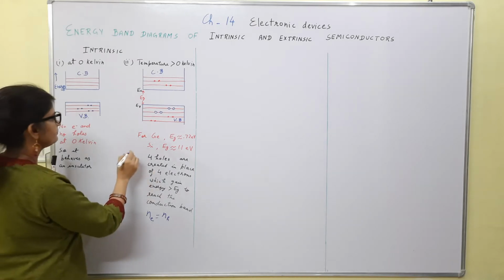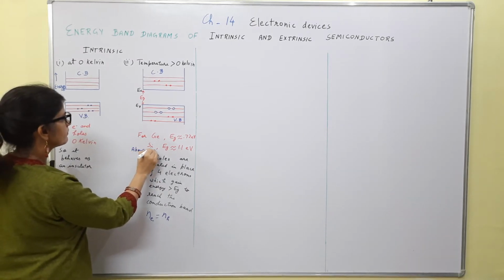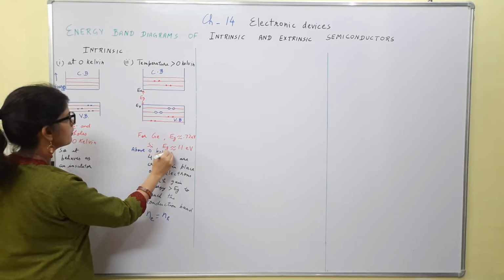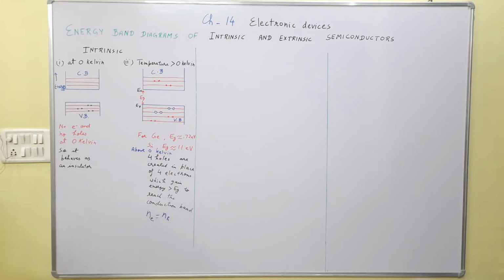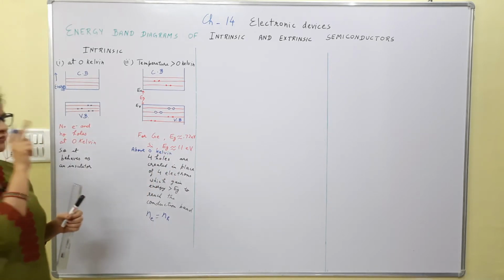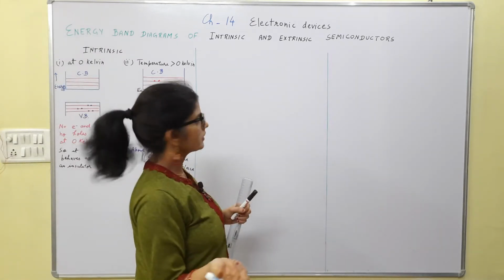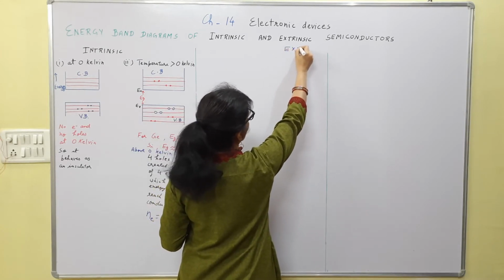So you can say here above 0 Kelvin. Now we can discuss the extrinsic semiconductors. We have studied 2 types of extrinsic semiconductors. One is p-type and the other is n-type. So first I'll write the heading here, extrinsic.